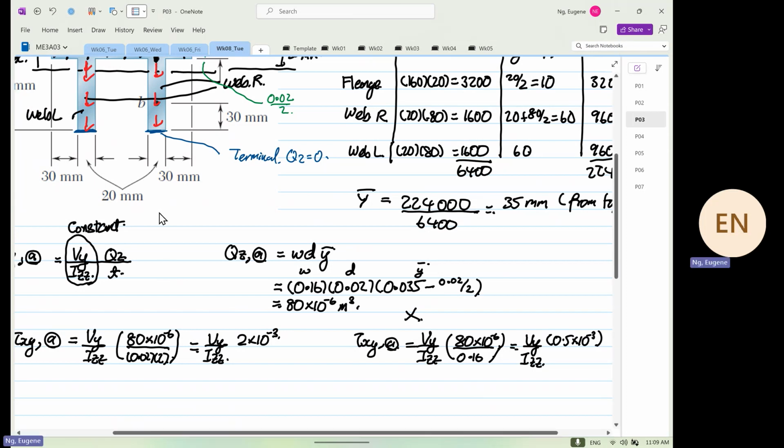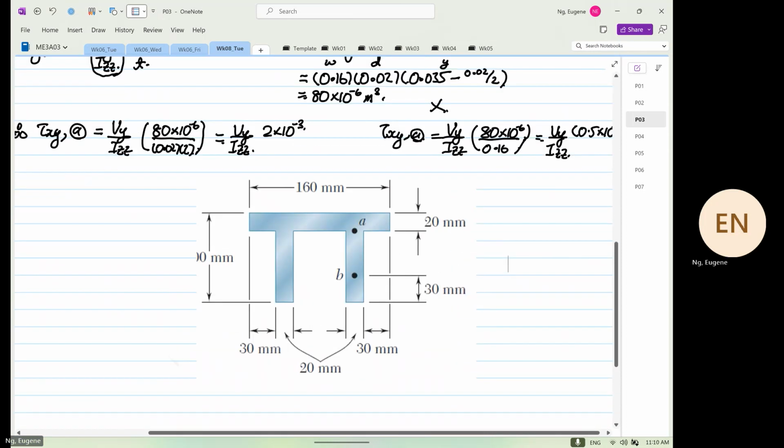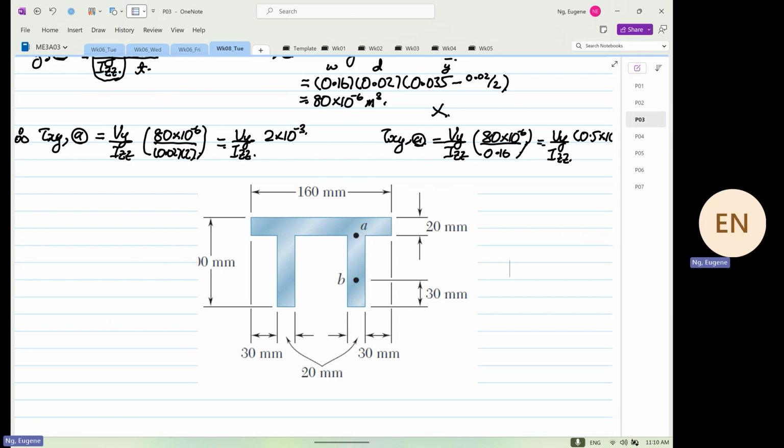I'm going to copy that image over here. I'm going to put it over here. If you look at point A, listen to me, don't talk. I know you. Listen. Okay. At point A, there are two thicknesses. Yes or no? One is 0.16.